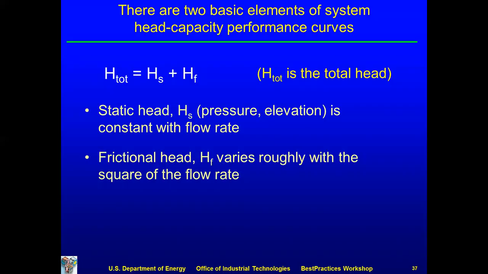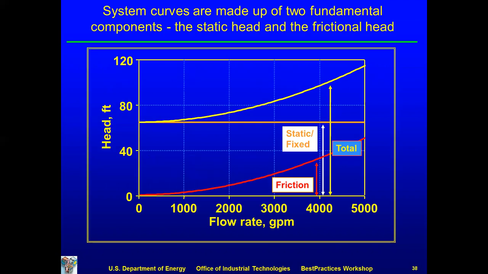Okay, so this is kind of redundant; it just echoes what I had said on the previous slide. And this shows graphically what this looks like. If you look at the K prime Q to the exponent term, that's the frictional head.